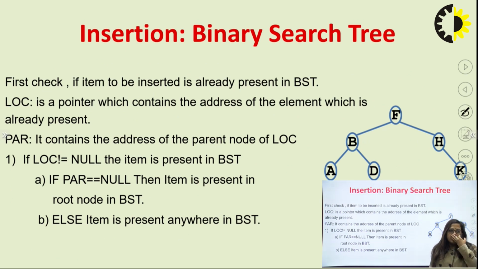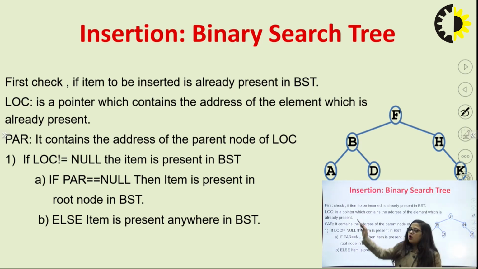Now if you want to insert an element, firstly check whether the item is already present in the BST. Then we find the location and the parent's location. The first is location. It is the pointer which contains the address of the element which is already present. Next one is parent.